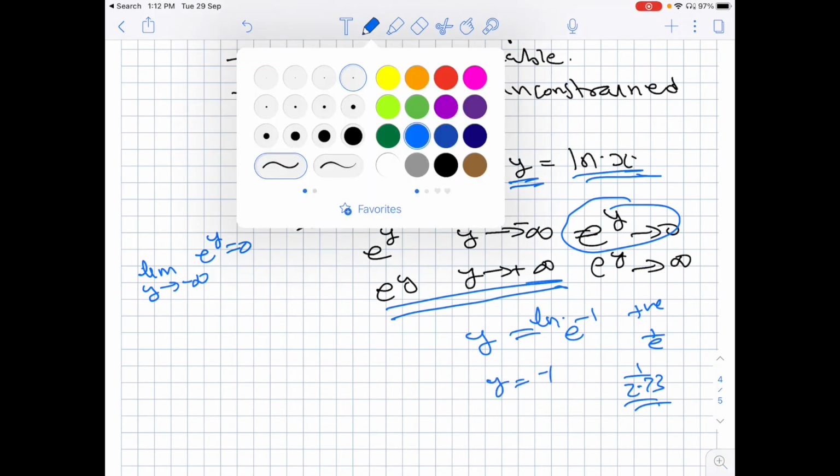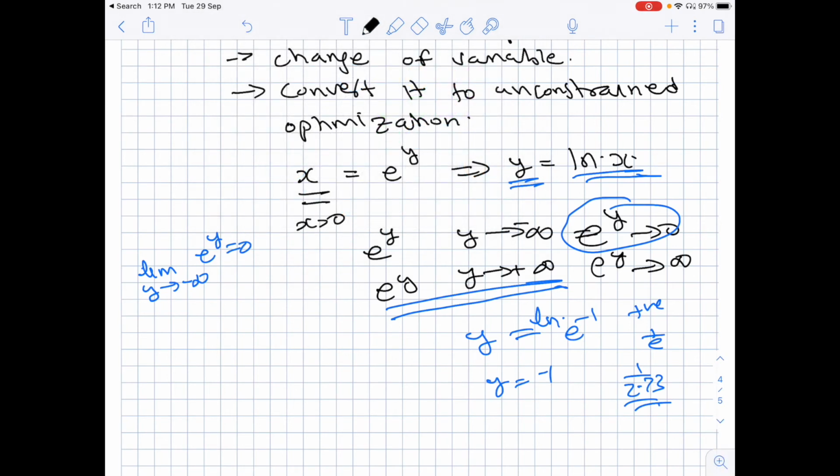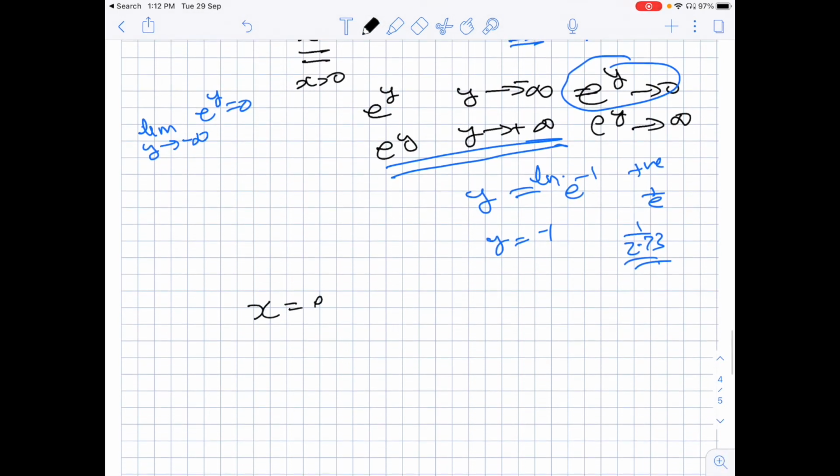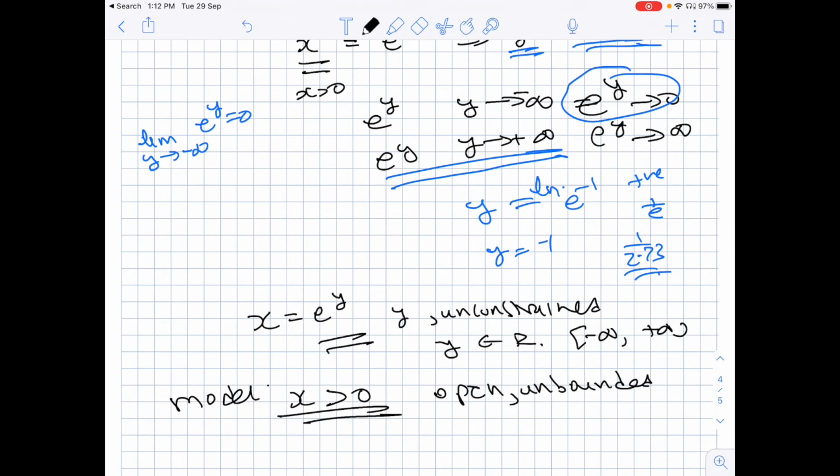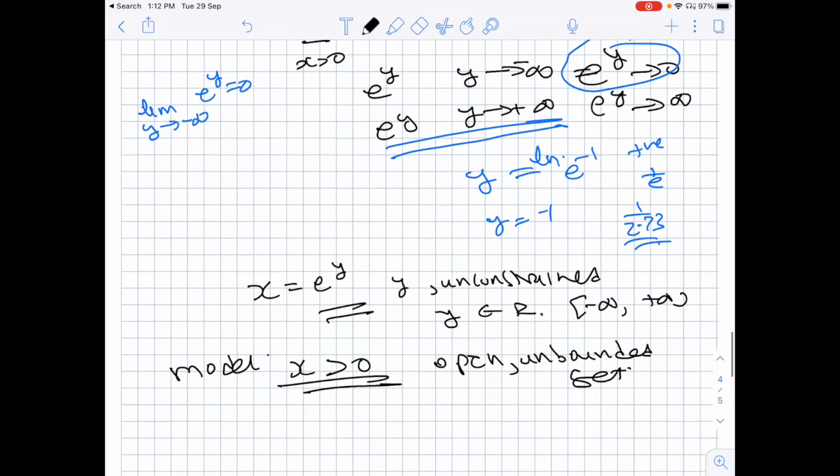So what I am trying to say is that this mapping x is equal to e to the power y, with y unconstrained, meaning y coming from the real line, from minus infinity to plus infinity, leads you to model this set x greater than 0, this open unbounded set.